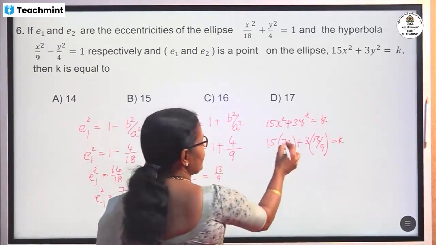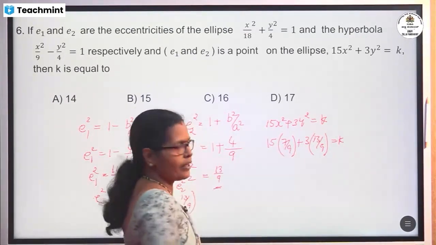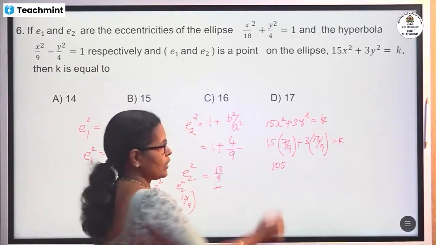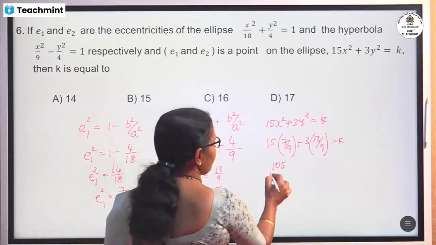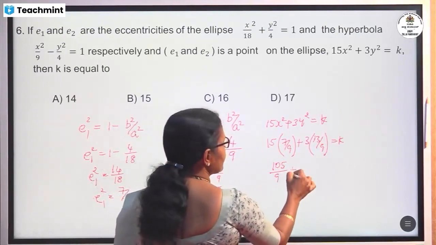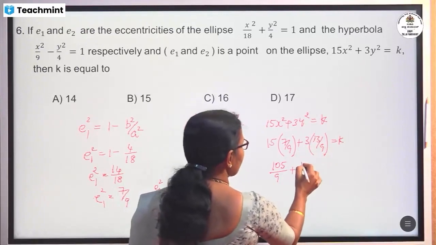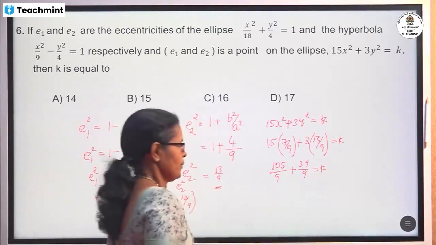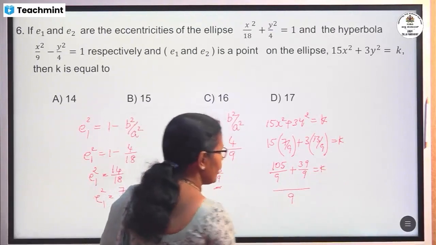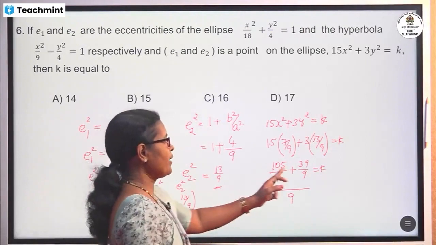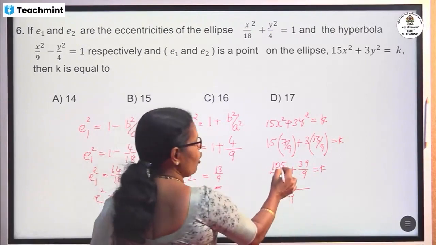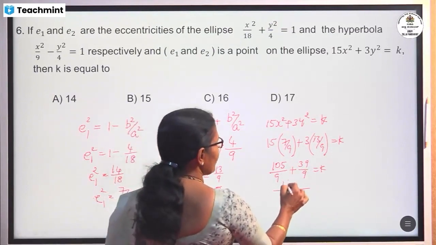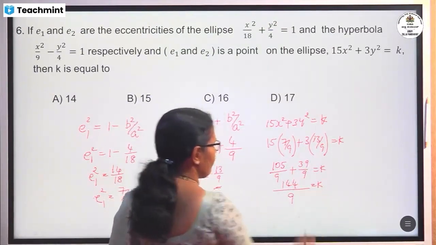Now multiply: 7 fives are 35, so we get 105 here, plus 3 into 13, 39, divided by 9 equals k. Now 9 is the same denominator, so we can add these two terms, 105 plus 39, then we get 144.